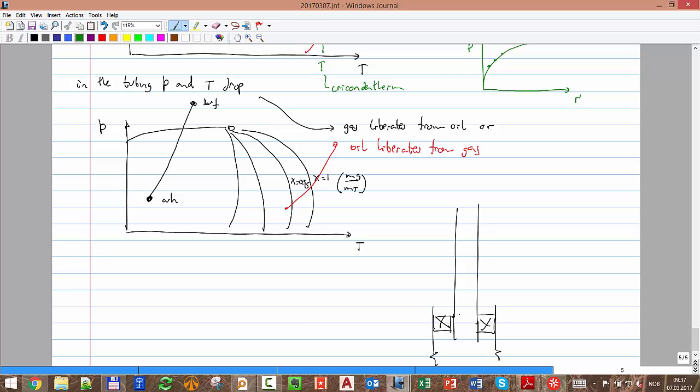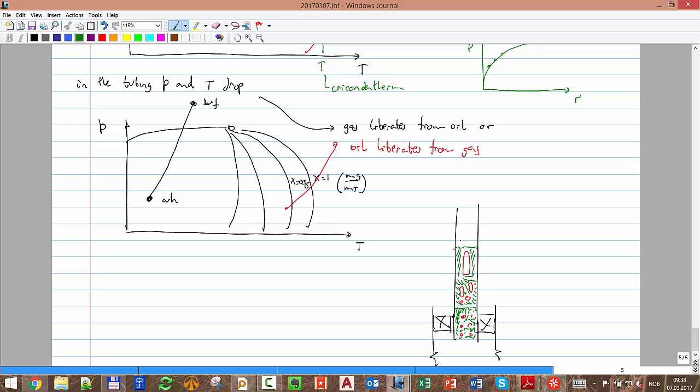Initially I will have oil with some small droplets of gas, but then as more gas is liberated, these start to clump together and start making some clumps and some bubbles as I go up and upper and upper in the tubing. Then they start coalescing until they form what we call slug flow. So then you have some kind of plug structure.